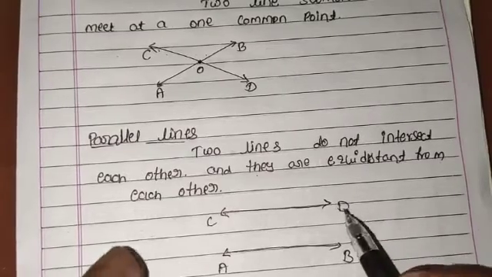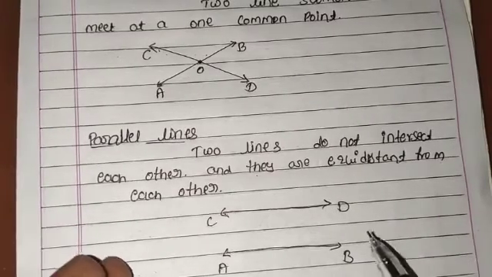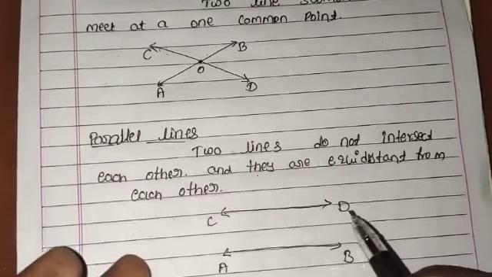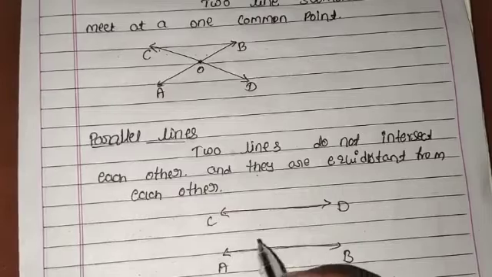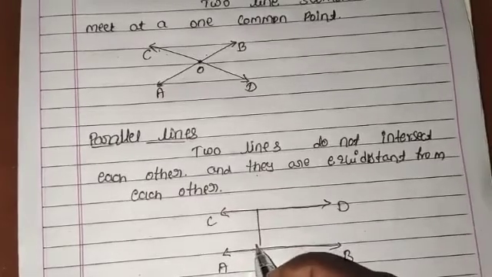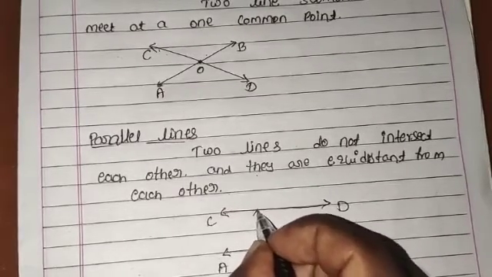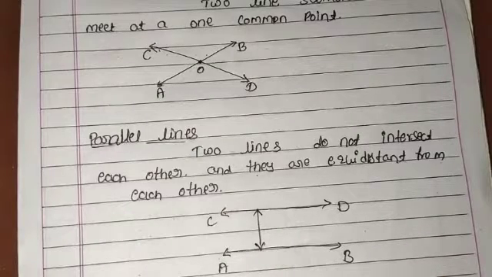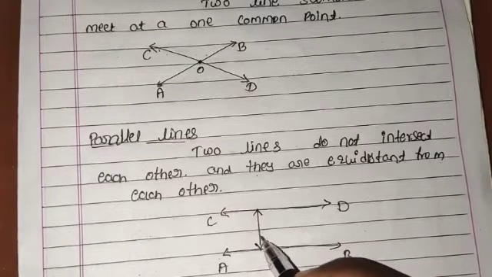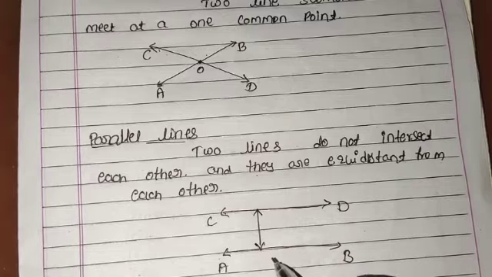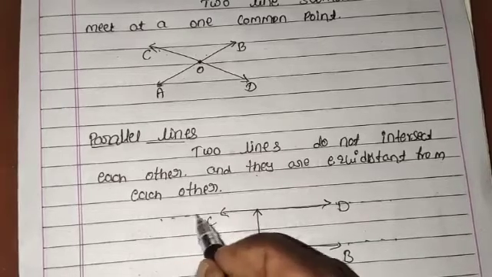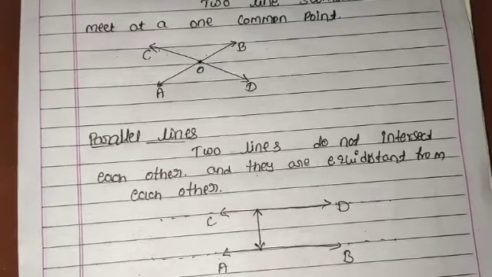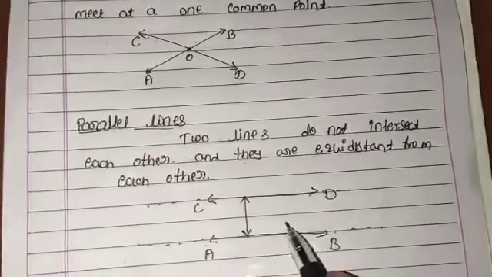When we extend these two lines, they do not meet, and the distance between them is always equal.